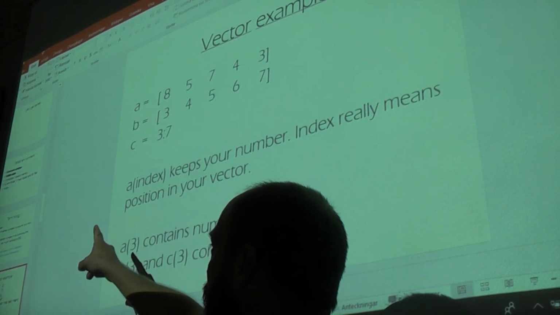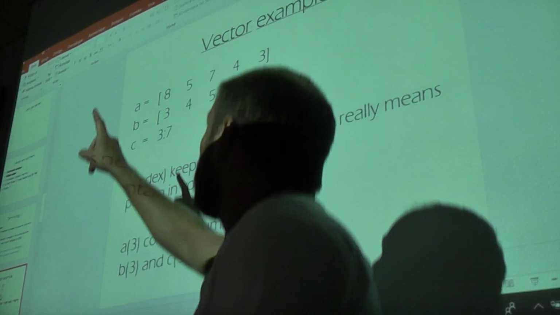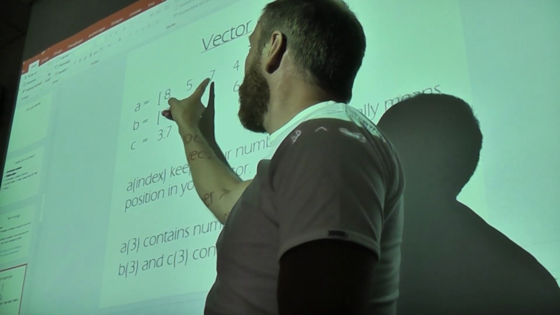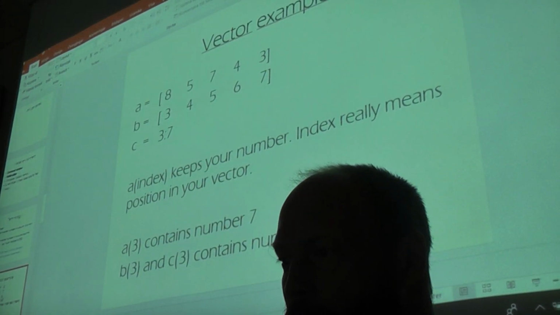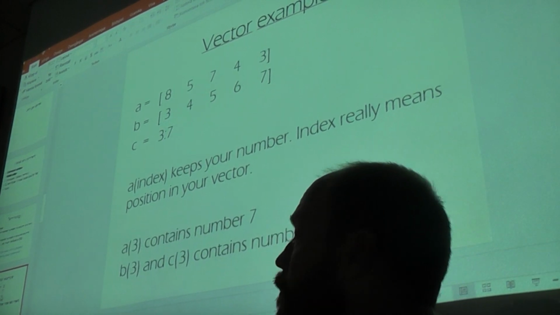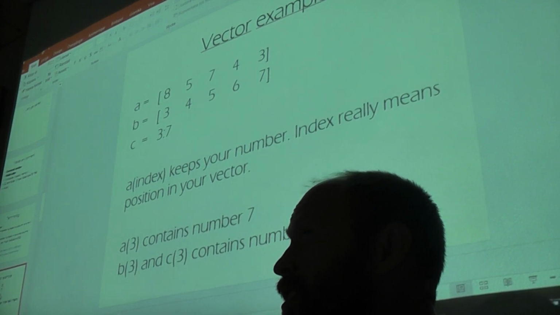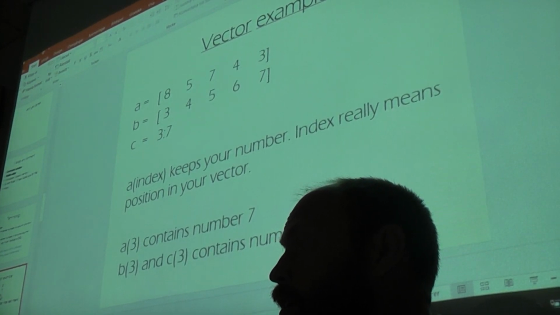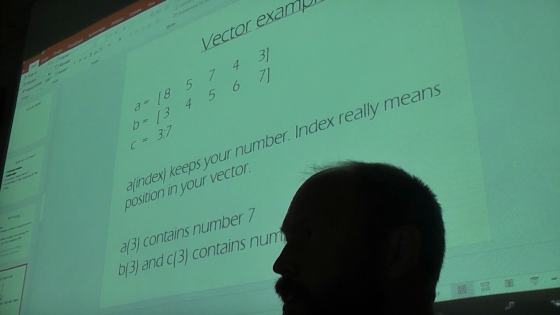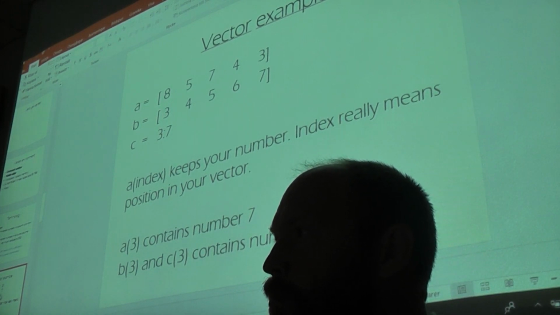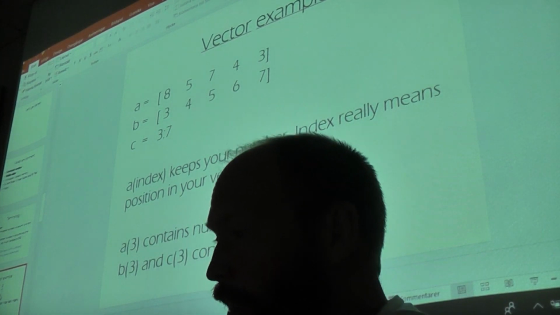So if you take A(3), you will get number 7 because it's number 3. But this doesn't sound very groundbreaking. But once you start looping over things and adding dimensions, it becomes really powerful and gets complicated quite quickly.